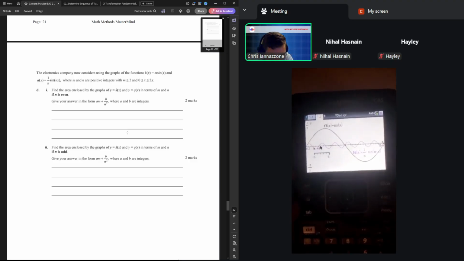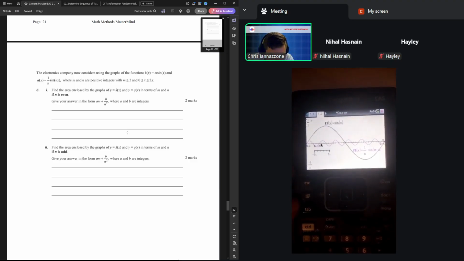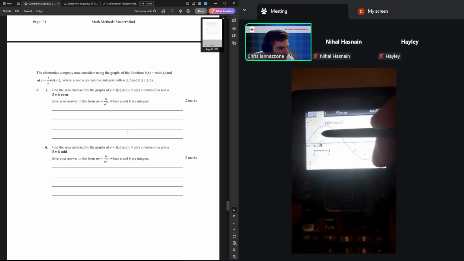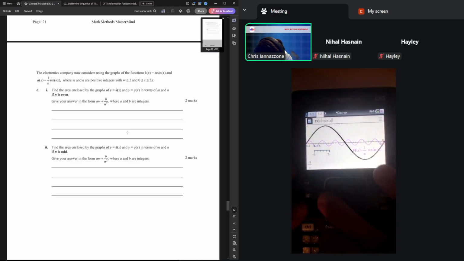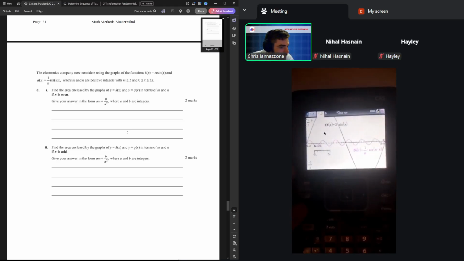The answer appears to be no. So I would say what's top and what's bottom actually is quite consistent the whole way through. Especially if I use the m greater than or equal to 2. That's certain. So if we set the absolute smallest possible value for it, it's well and truly above. So with that in mind, we're going to have k of x is always above q of x over the domain that's relevant there.